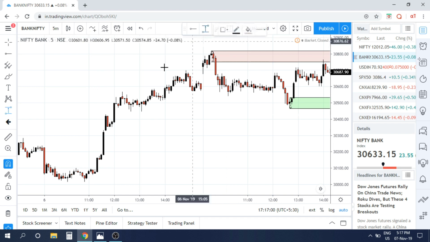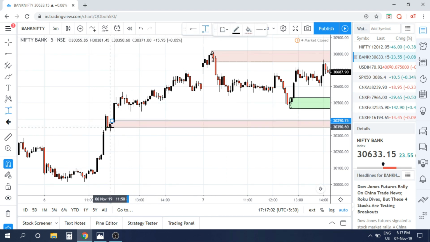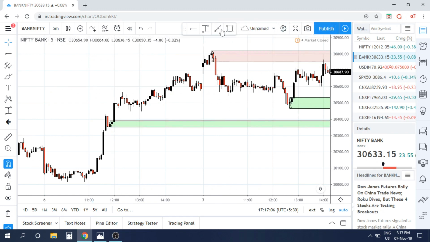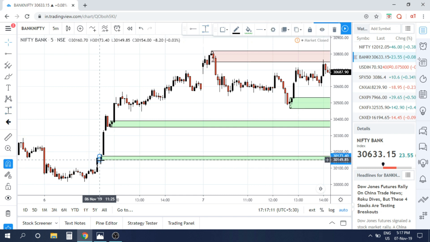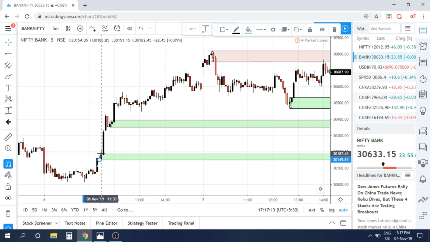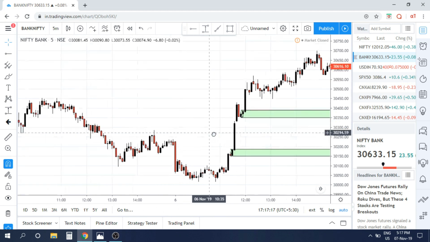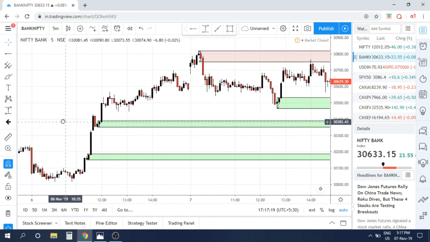There was this demand zone as well in terms of structure, still fresh, similar to Nifty. Another one here, tiny one, and this one is a small one, so you can combine both together, right, over here.